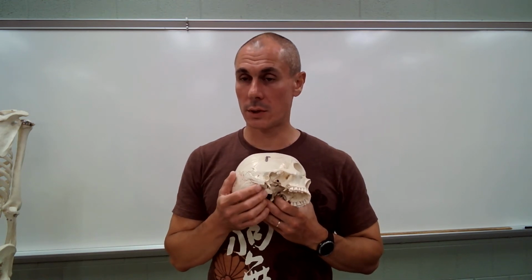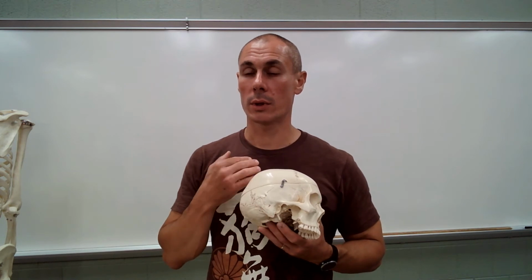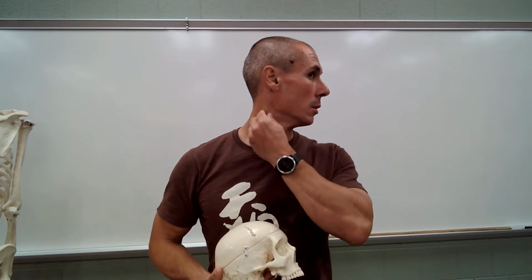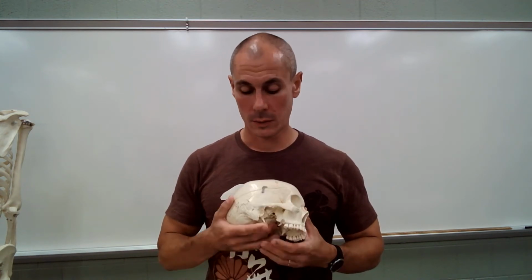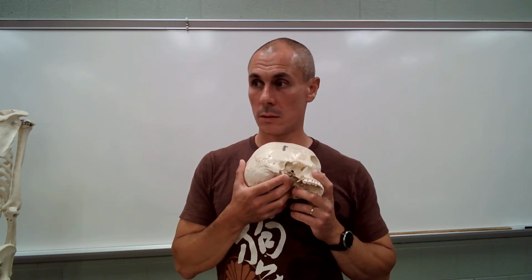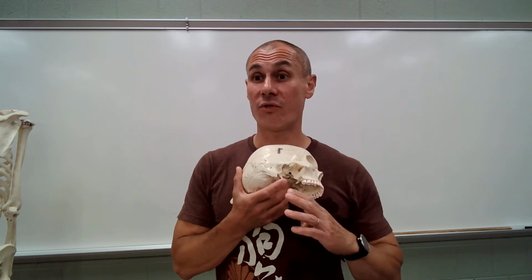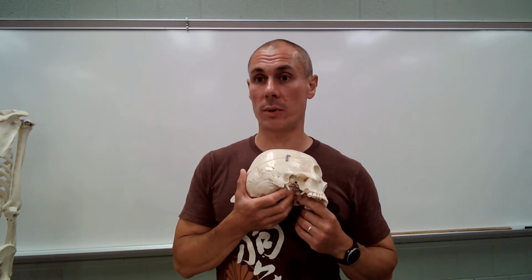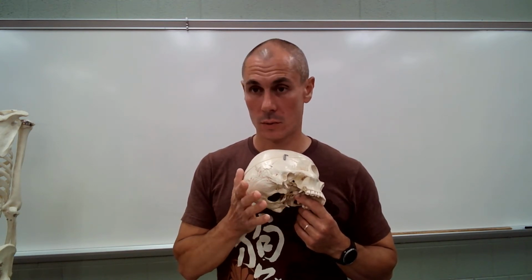Mastoid process is the insertion for the sternocleidomastoid muscle that rotates your head. And styloid process here is the origin for a whole bunch of deep muscles in the neck that are responsible for swallowing, speech, and so on and so forth. So far we good?